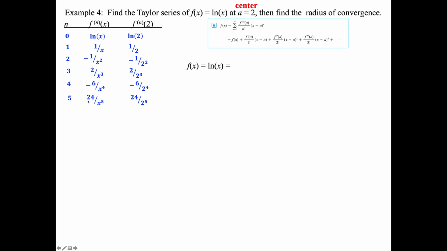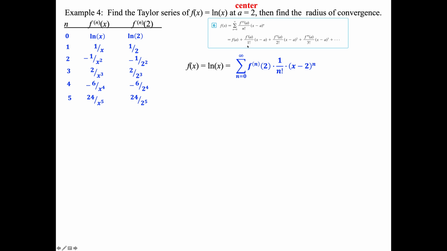That's going to change it to a positive 24. I'm seeing the pattern. We're going to have alternating signs here all the time because of that multiplying of that negative exponent. So we put our 2 in for x here at x to the 5th, so that's 24 over 2 to the 5th. So I think we got enough terms, so let's write out.